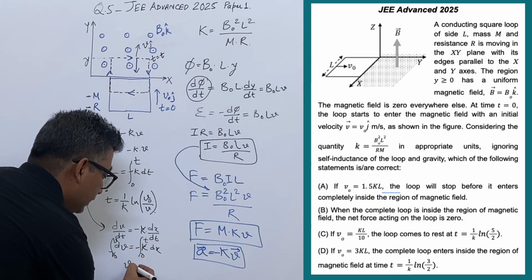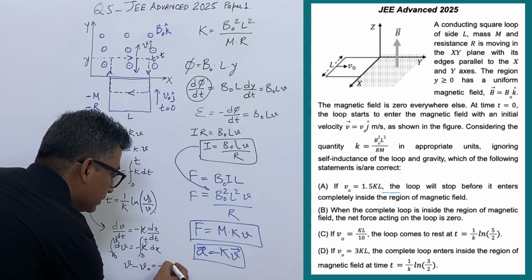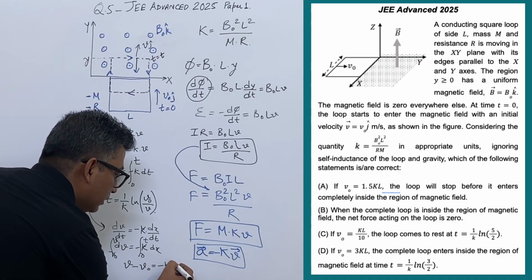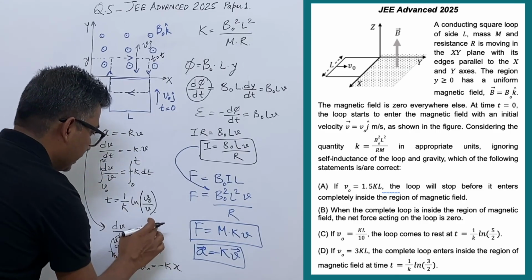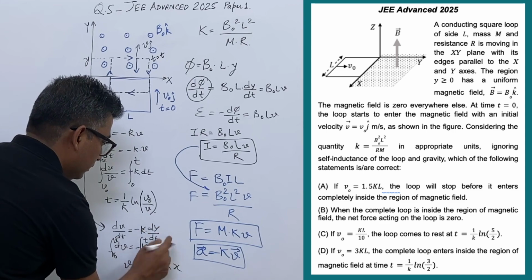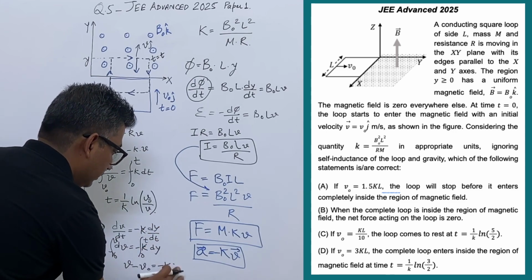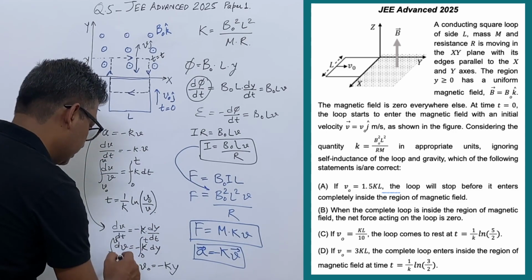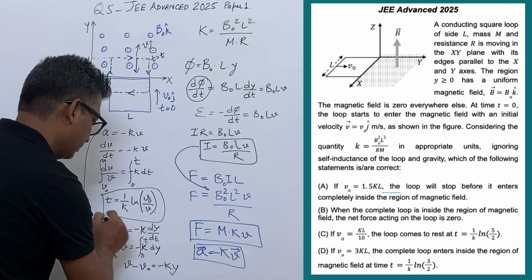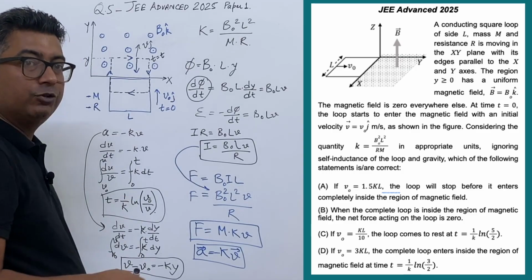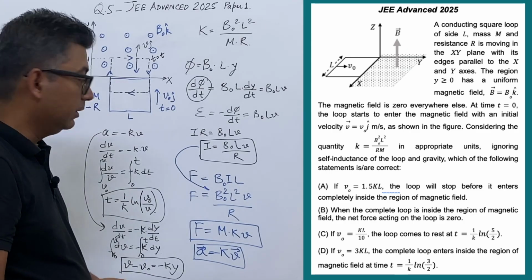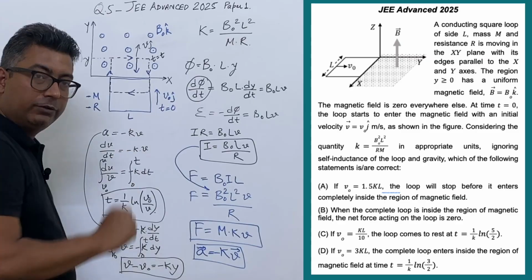I'll get v minus v naught is equal to minus K by M times y. Sorry, not t, x. Sorry, I should not say x, I should use y because I've used y as a direction. So this is one equation and this is the second equation. Now let's see how I can actually use these two equations and look at all the three options.